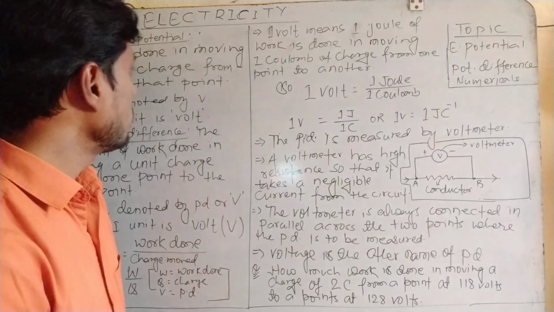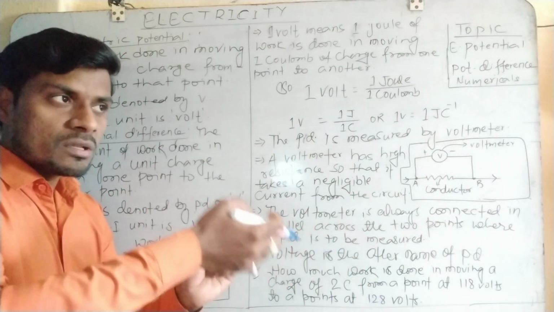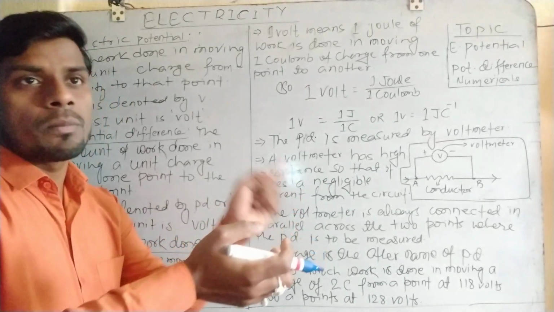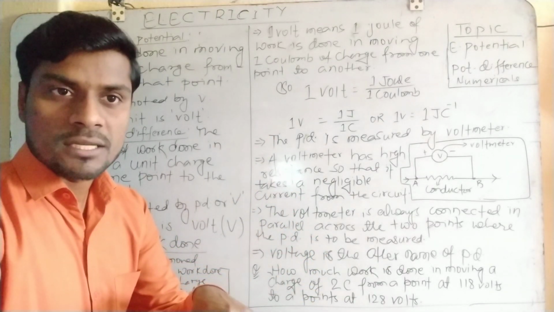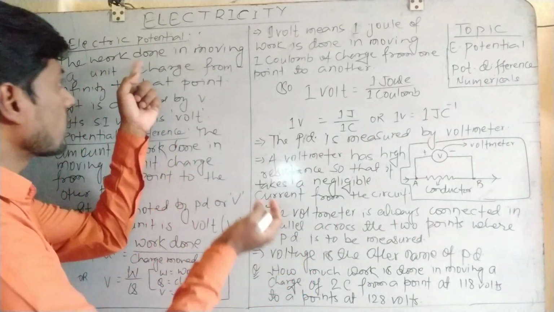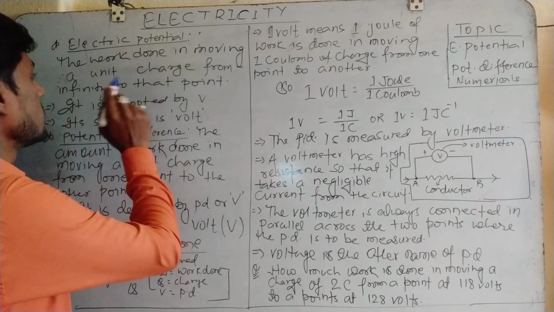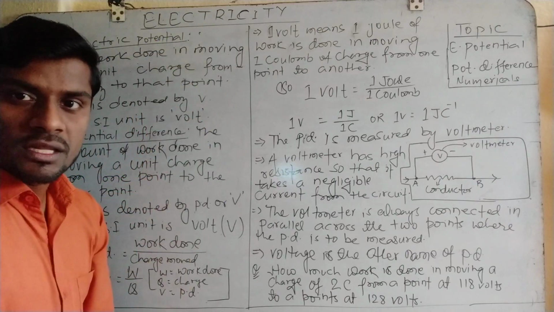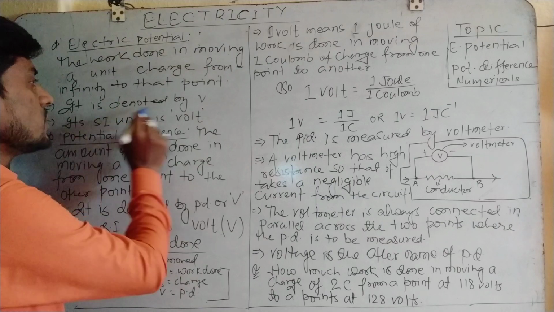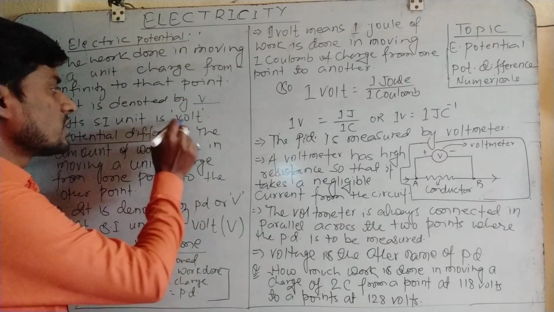So you can also define it as total work done. That means the force applied by the electric field on the charged particle is doing some work, and that work done in moving a unit charge from infinity to that point is known as electric potential. Electric potential is denoted by V. Its SI unit is volt.